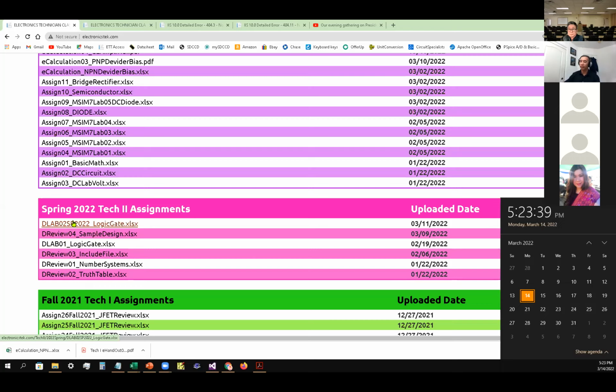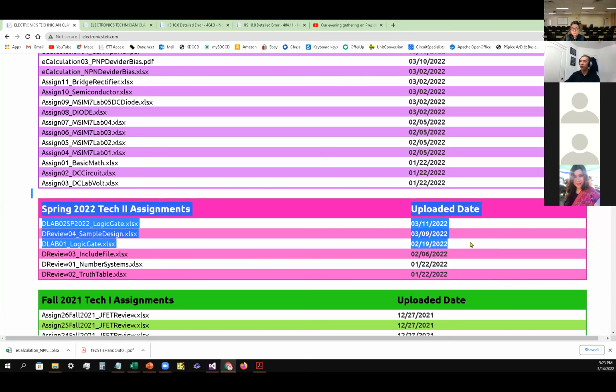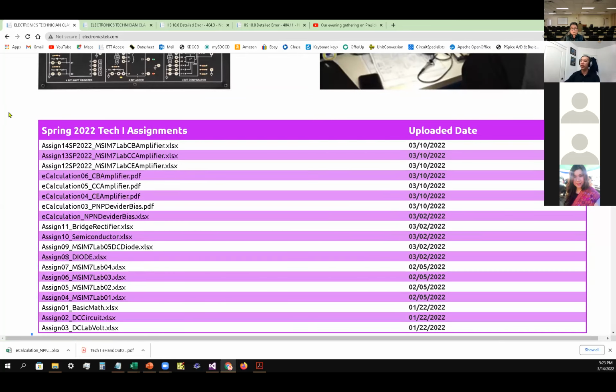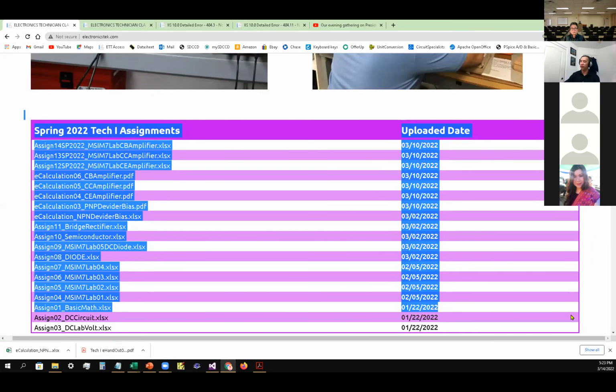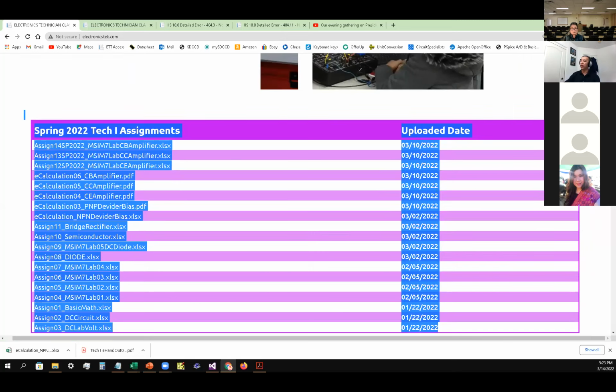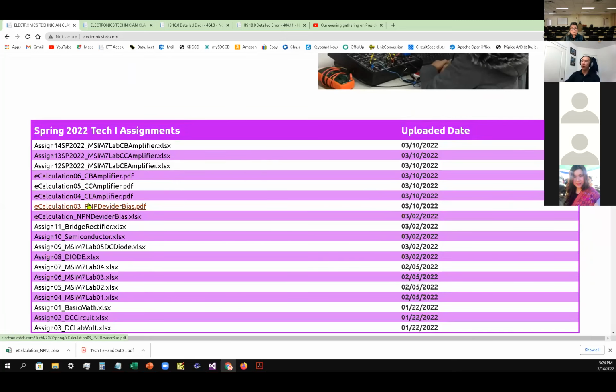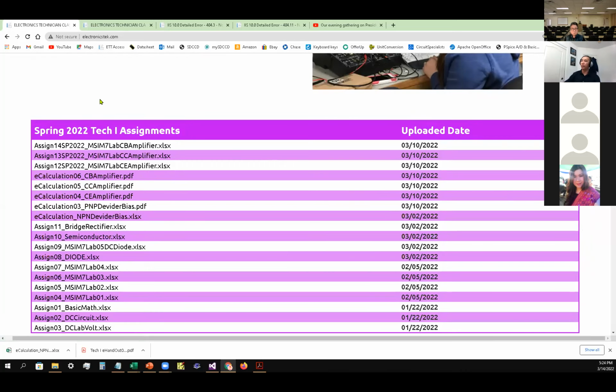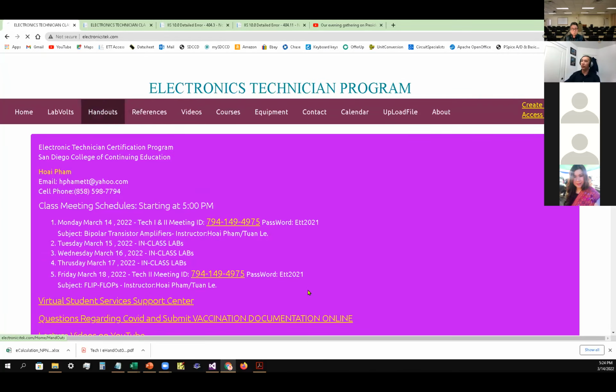How do you expect Tech 1 to do the D-Labs? No, this does not apply to Tech 1. This is only applied to Tech 2 students. Gotcha. Tech 1 is only required to do the Tech 1 assignment, which is here. I know they had to do some of the program, and there's a sample program on the website in the handout, so you can always use the handout.